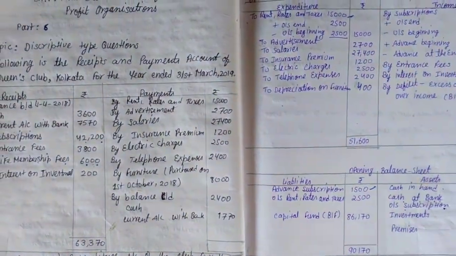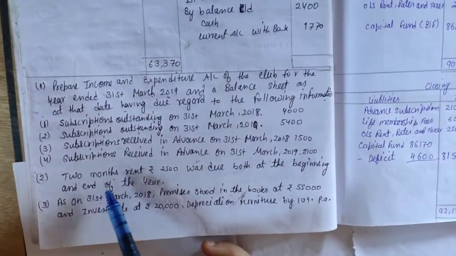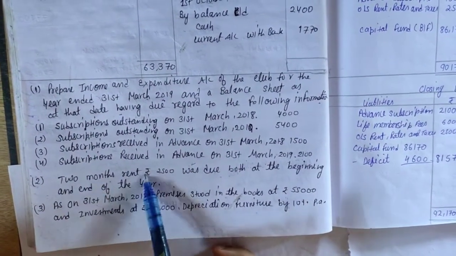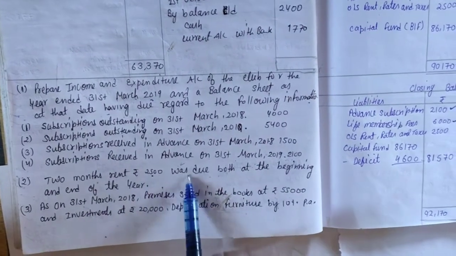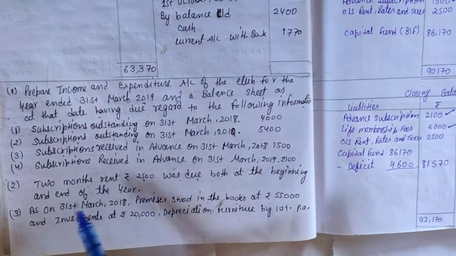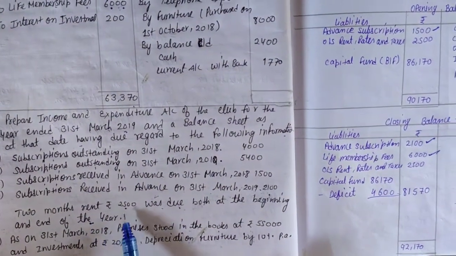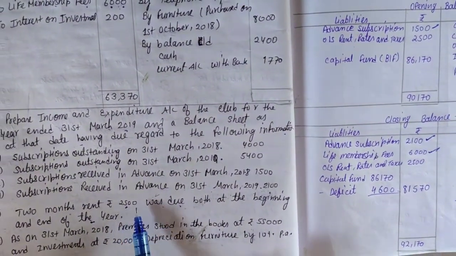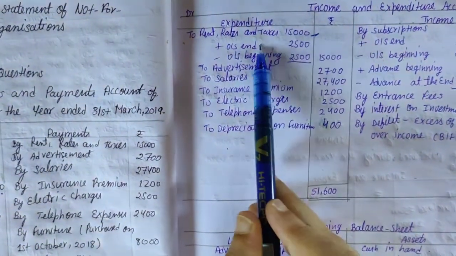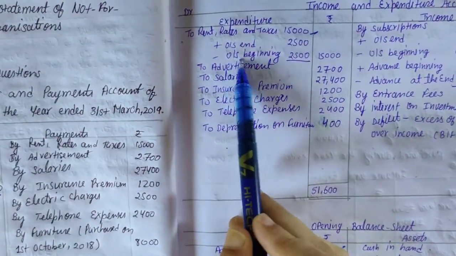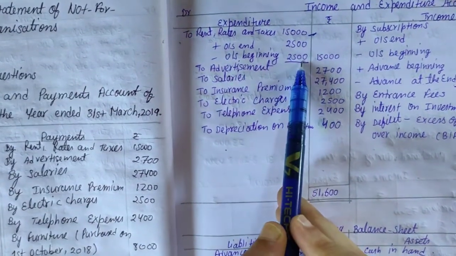One point is given in the additional information that 2 months rent of rupees 2500 was due both at the beginning and end. It means outstanding at end and outstanding at beginning, both values are rupees 2500. So here outstanding rent at the end and outstanding at beginning, both are 2500.